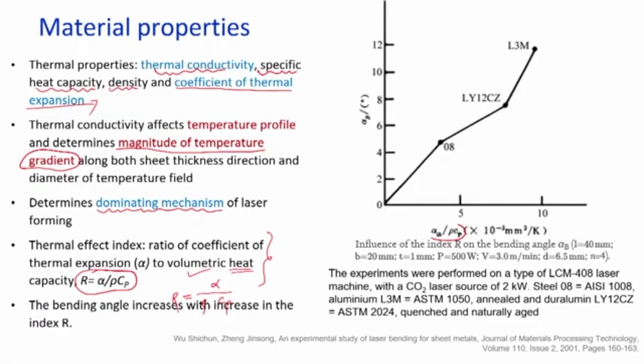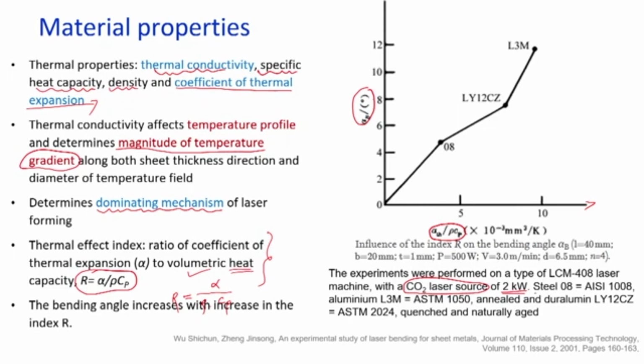That is there on your screen. Here you can see the parameter R, thermal effect index, on the x axis, and on the y axis is the bend angle. These experiments were carried out on a CO2 continuous laser source of maximum power 2 kilowatt, and 3 different materials were used for this study.